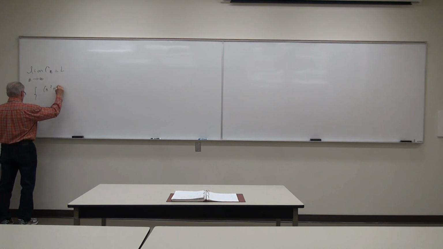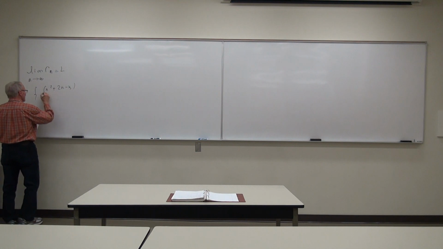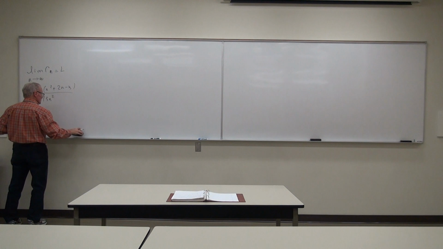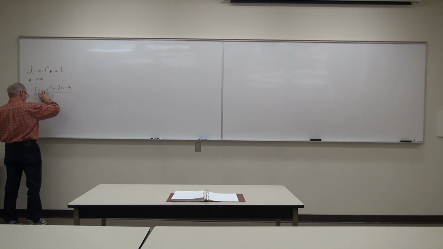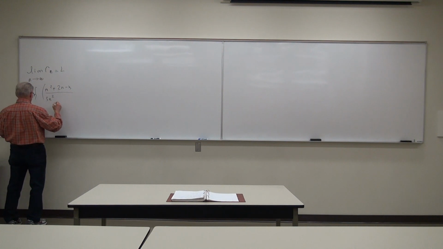n squared plus 3n minus 3 over 3n squared plus n minus 5.